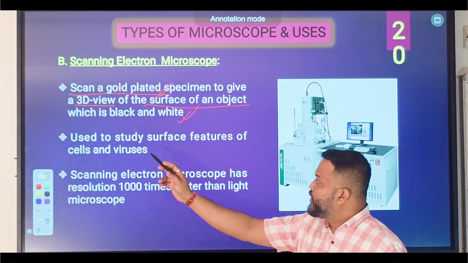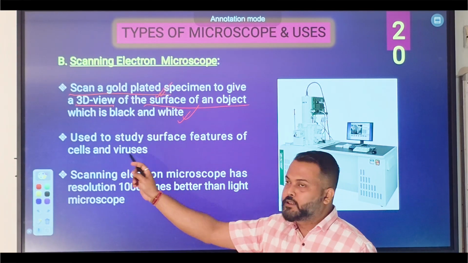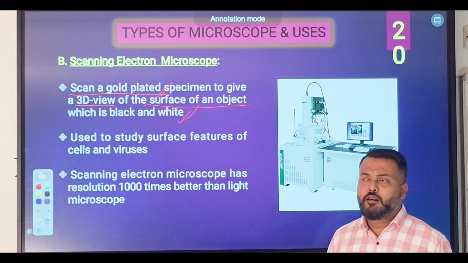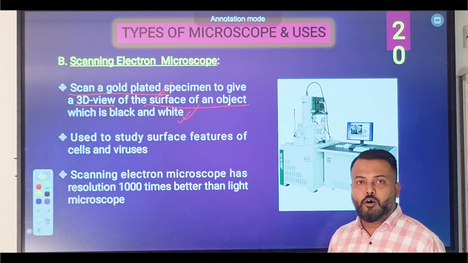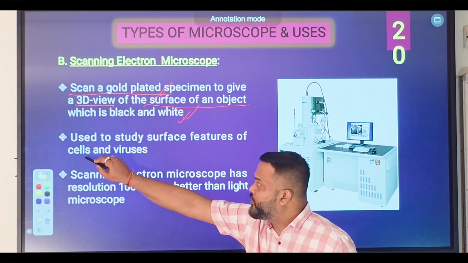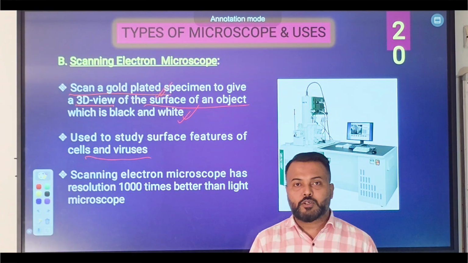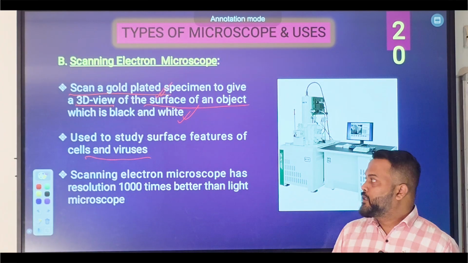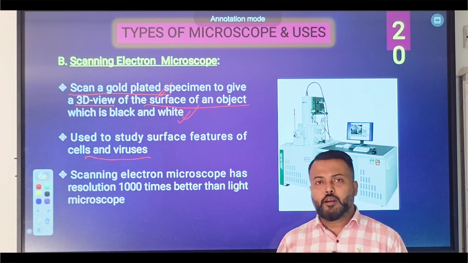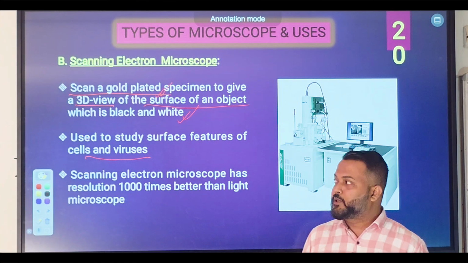It is used to study surface features of cells and viruses. Any kind of cell, virus, or other object can be studied. This is not only applicable for microbiology, it can be applicable for other fields like chemistry. You can see nanoparticles and different kinds of other objects which are used in physics and chemistry.